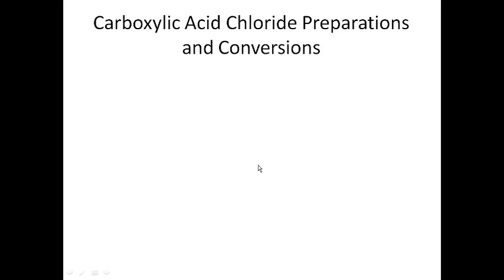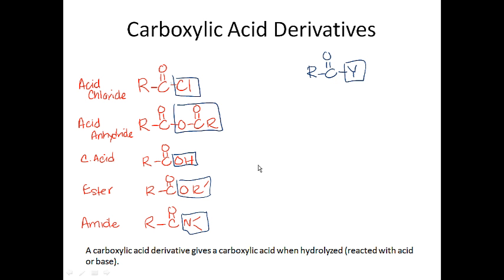Well, here's what I want to do. I'm going to take each one of these individually. So I'm going to talk about acid chlorides, its preparation, its reactions. Then anhydrides, its preparation, its reaction. Now, one of the things that every one of these things can be converted to is a carboxylic acid.